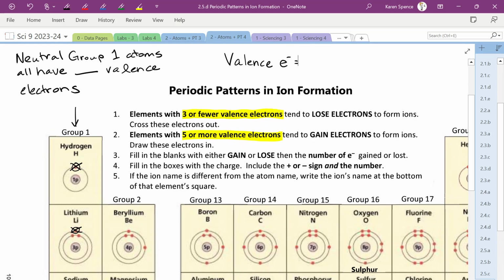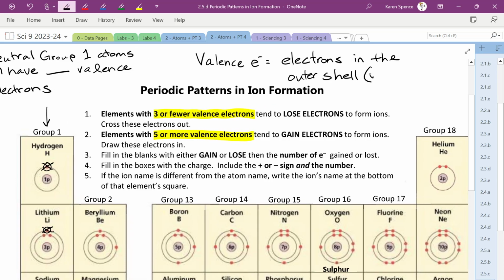Actually, before we do that, we need to say, what is a valence electron? The valence electrons are electrons in the outer shell. And what's another word for outer shell?